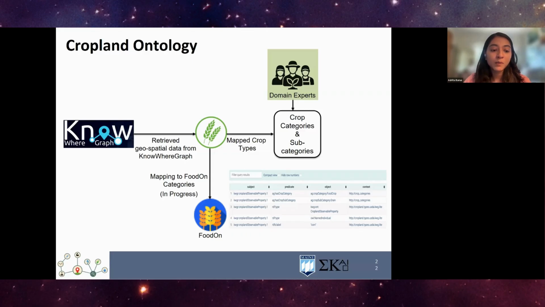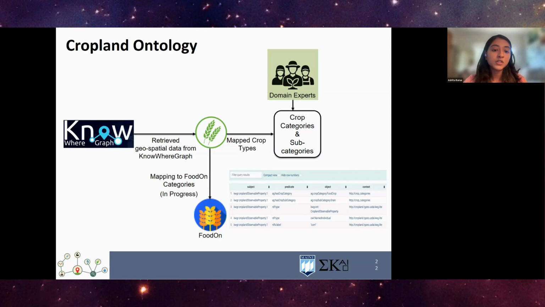Today, I'll talk about one of the impacts of PFAS contamination on different use cases. Here I've been working on this cropland ontology where we have retrieved data from SAWGraph, which has information about different crop growing lands and their geospatial locations.